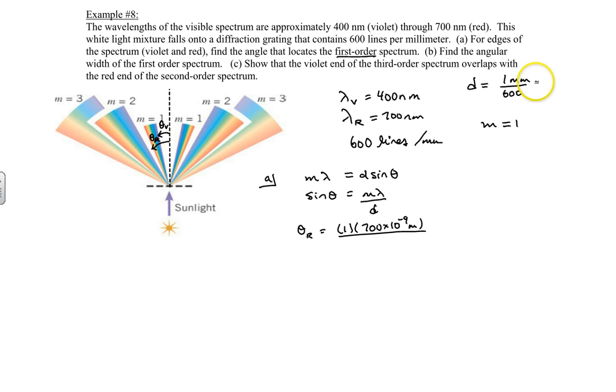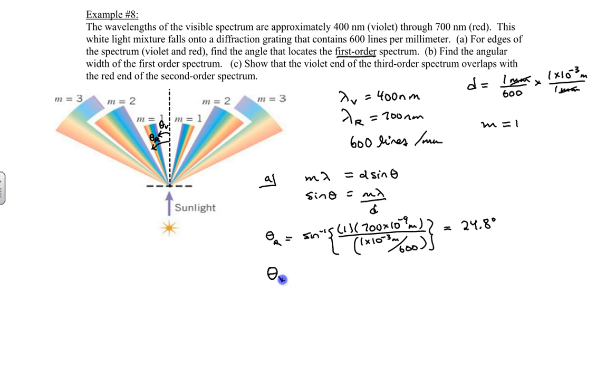And then let's change that to meters. We would multiply this by 10 to the power of -3 meters for every millimeter, so that we end up with an answer in meters. So on the bottom we have 10 to the power of -3 meters divided by 600, and we're doing the arc sine of all that, and you'll get 24.8 degrees.